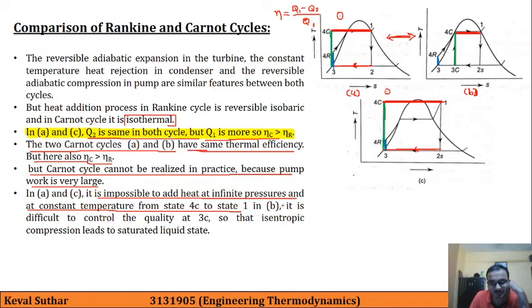And in case of figure B, it is difficult to control the quality at 3C, that is over here, because we need to complete our Carnot cycle within this region.